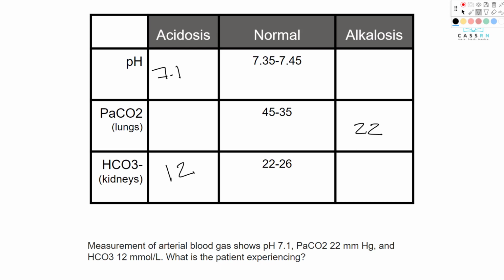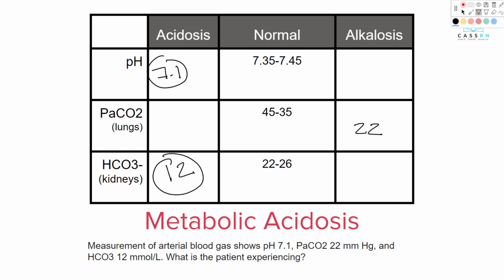So our two that match are pH and our HCO3. So this is actually going to be metabolic acidosis. And then is it compensated or not compensated? So again, remember, if it's fully compensated, the pH would need to be right here, which it's not. So this is going to either be none or partial.